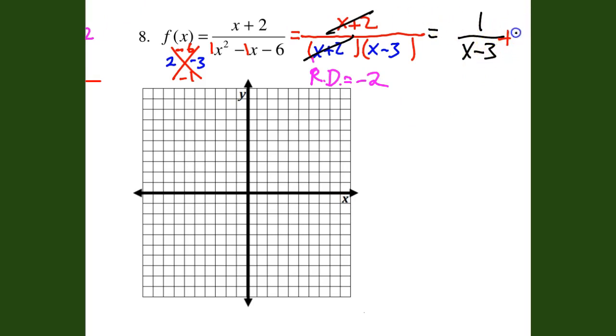So horizontal asymptote's at 0. And then the vertical is at positive 3. See, we're at a value of 1, so it's just going to be up 1 over 1, down 1 over 1.